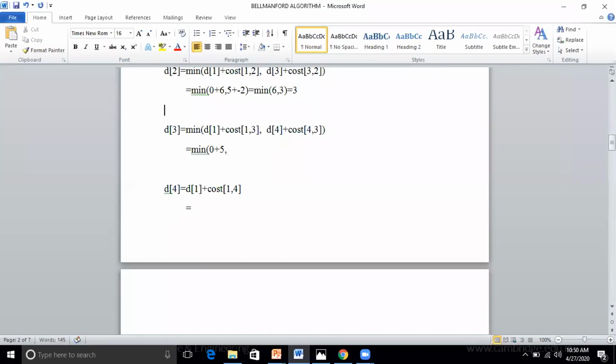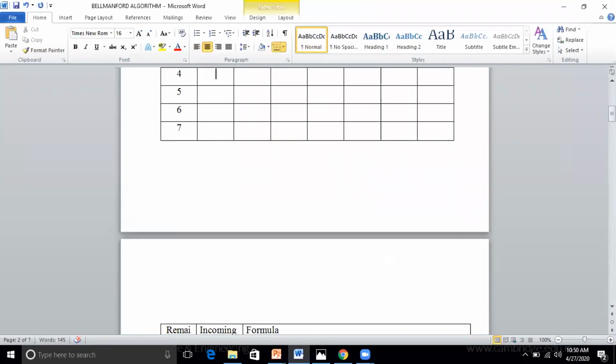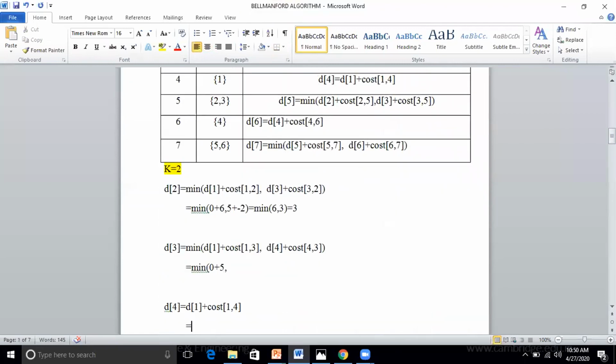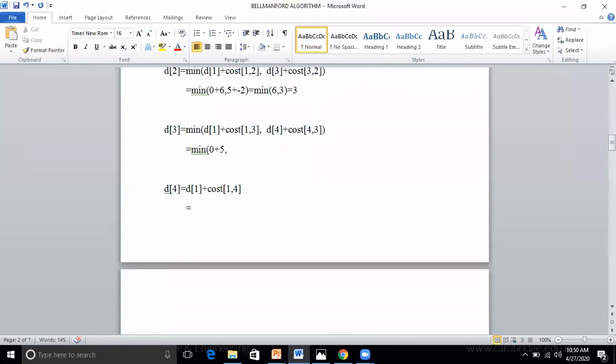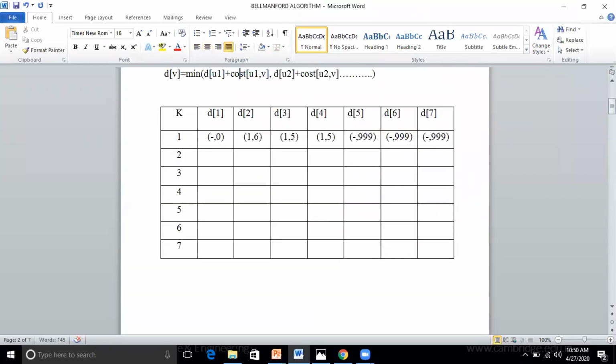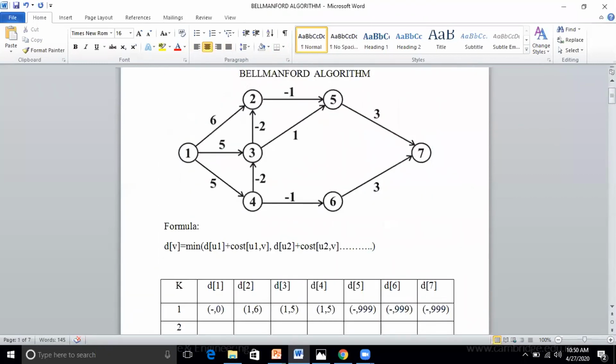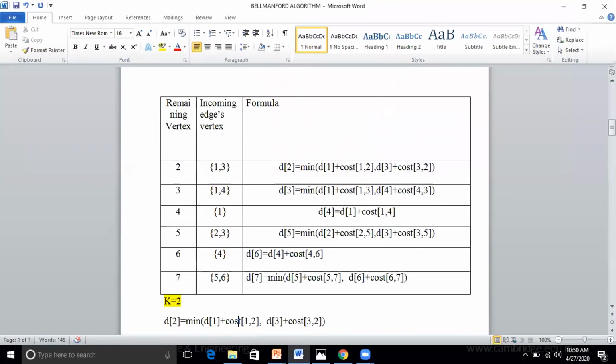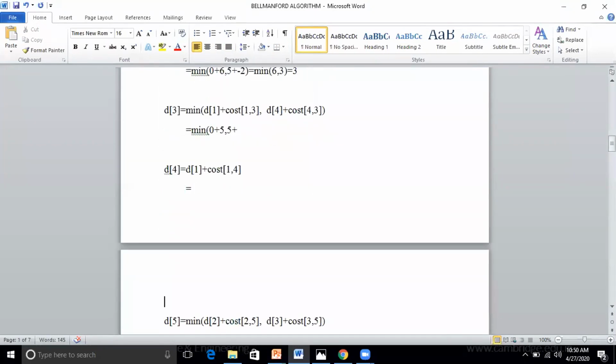What is the d of 4 value in the previous table? 5. 5 plus the edge cost of 4 to 3, which is minus 2. So which is minimum here? 3.